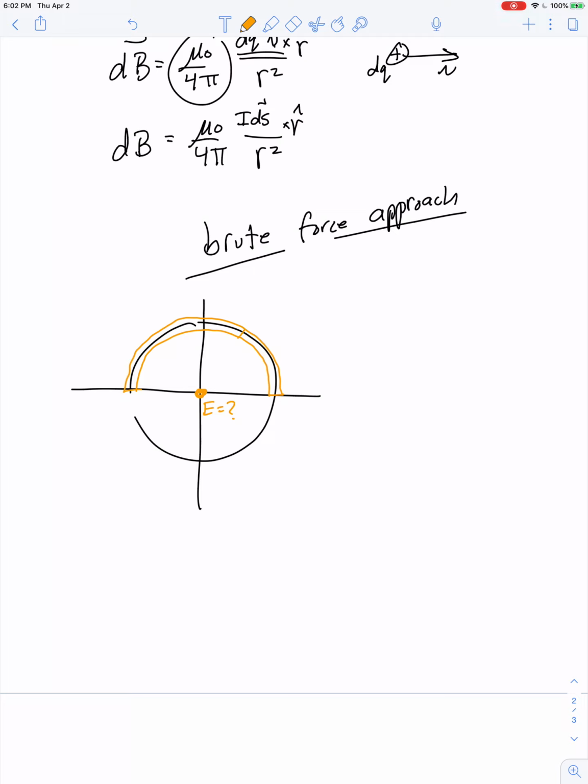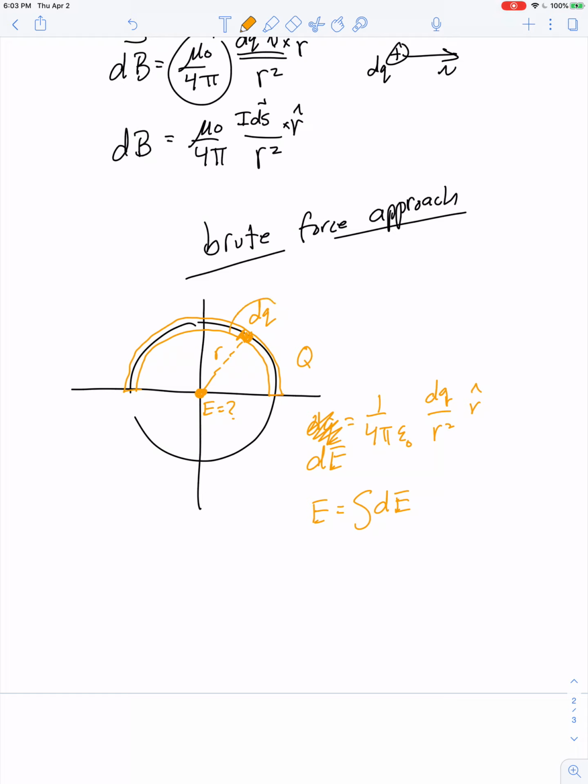So we take the charged rod and we divide it up into little bits of charge. Now if the whole bent rod has a charge of capital Q, then all these little bits have a charge of dq, and they're at a distance of r away from the point in question. And so if dE is 1 over 4 pi epsilon naught dq over r squared times r hat, then the total electric field is the summation of all the little bits of electric field.